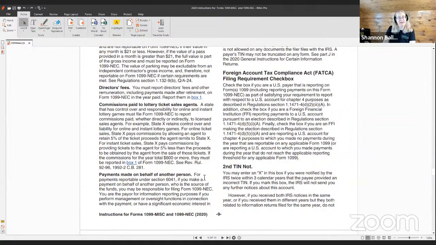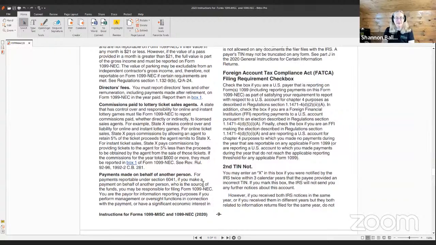The agent remits the rest to State X. For instant ticket sales, State X pays commissions by providing tickets to the agent for 5% less than the proceeds to be obtained by the agent for the sale of those tickets. If the commission for the year totals $600 or more, it must be reported in box 1 of Form 1099 NEC.